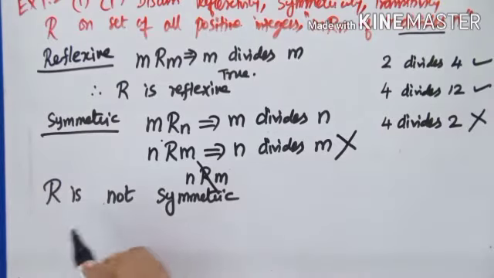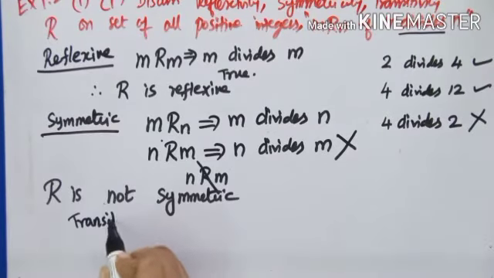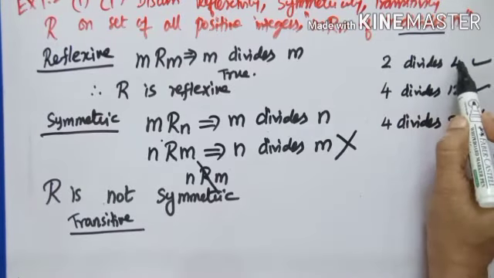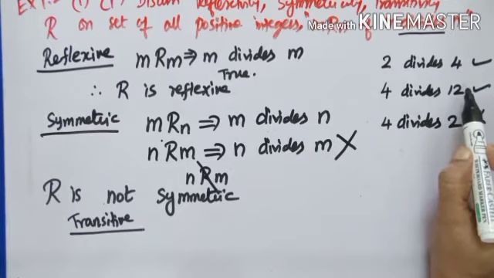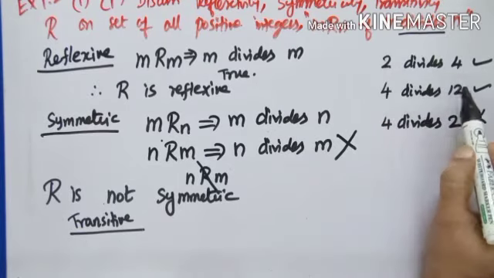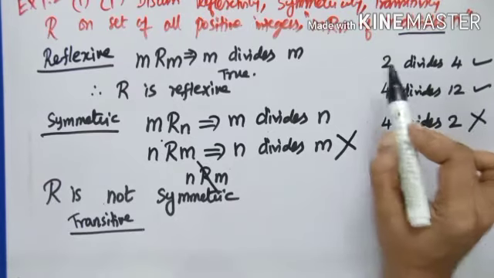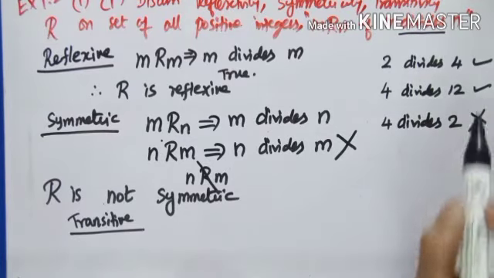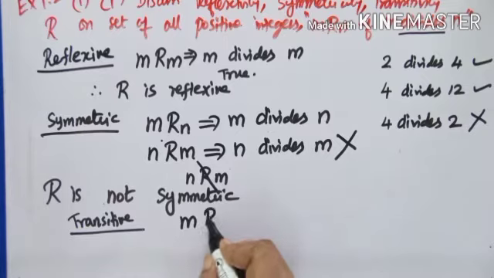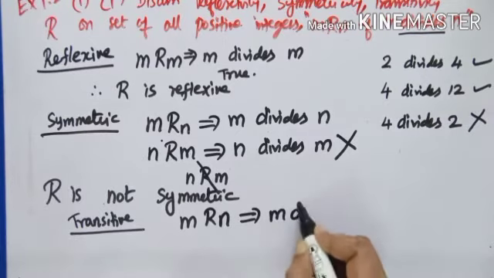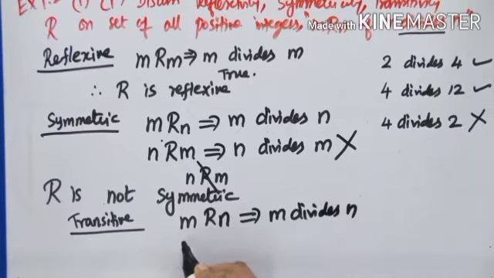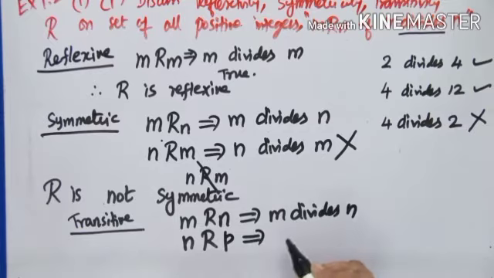The next idea, transitive. Check our example itself. 2 divides 4, 4 divides 12. Does it mean, cancel 4 and 4, 2 divides 12, is it correct? Yes. 2 divides 12 is correct. So, M R N implies M divides N. N R P, or any other letter I can say, implies N divides P. Here M is smaller, N bigger.